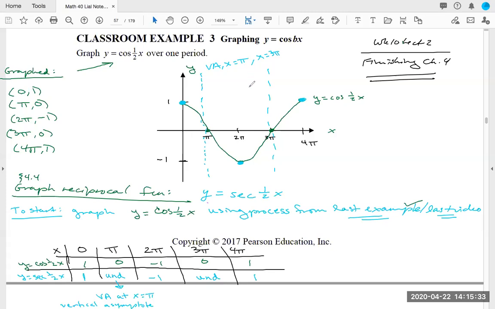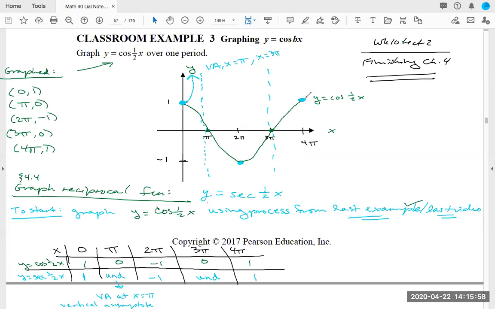Watch the end of my last video, I covered this in depth. But essentially, if you have a max for the cosine graph, it now becomes a min for your secant graph, and this side here just approaches your asymptote.